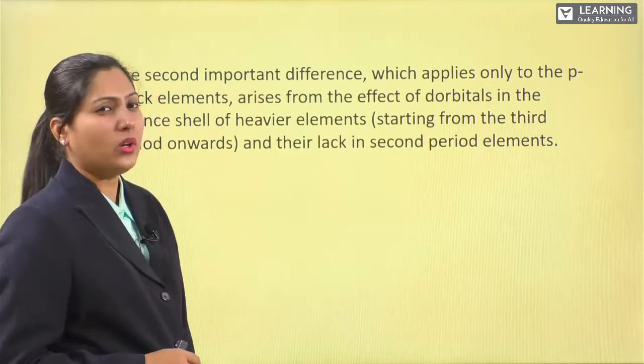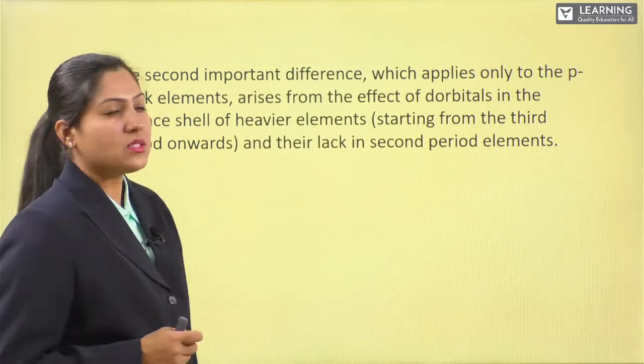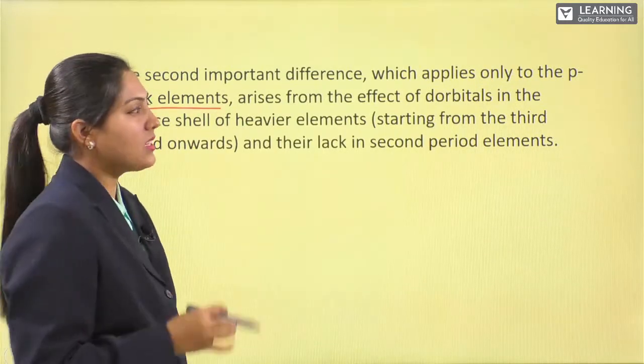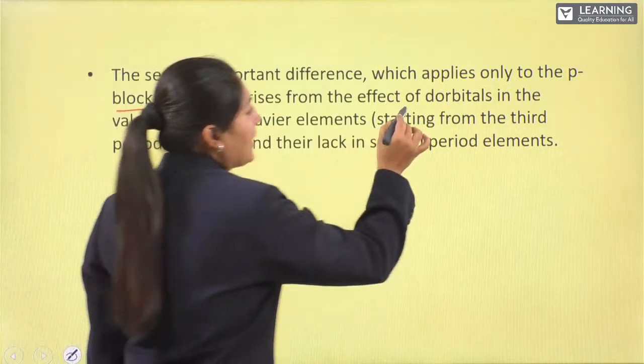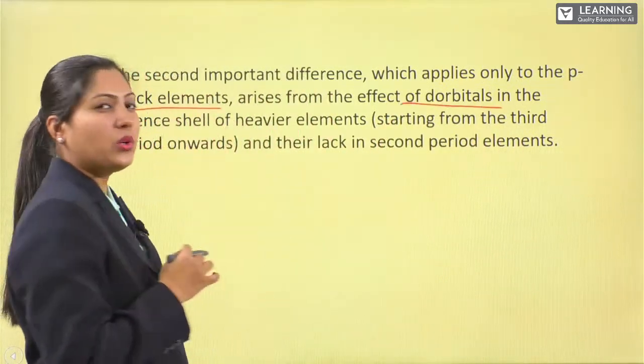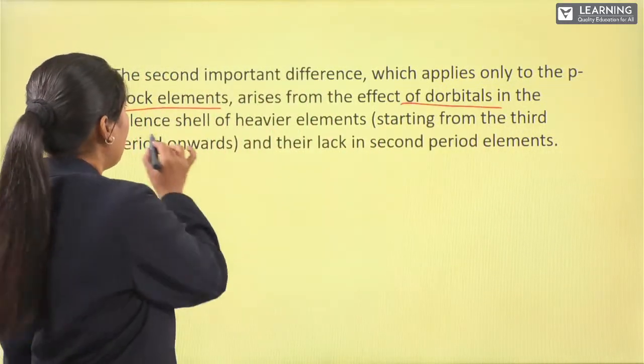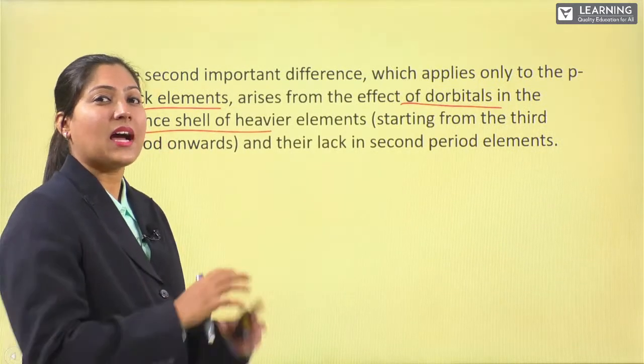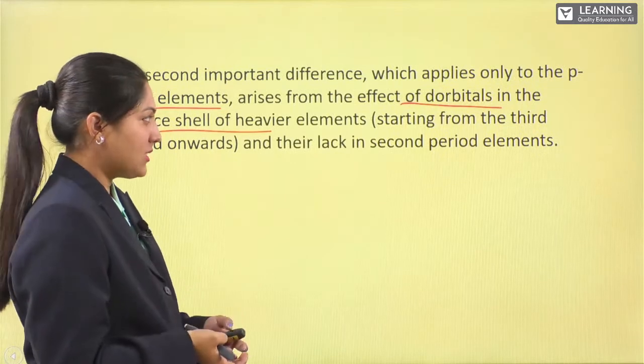The second important difference, which applies only to the P block elements, arises from the effect of d orbitals. So they don't have the d orbitals in the valence shell, whereas the heavier elements have the d orbital in the valence shell.